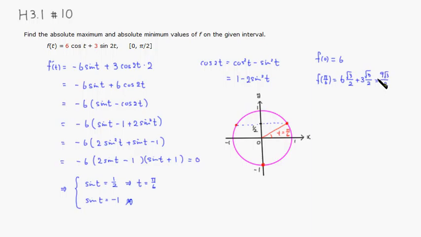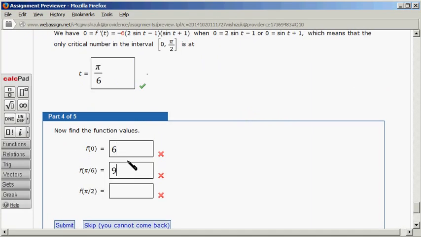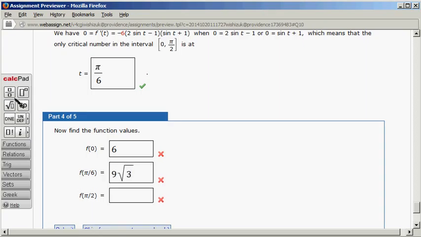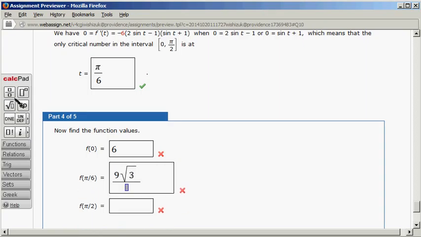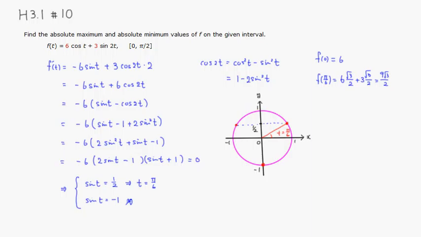Let's type that in: 9 times square root of 3 over 2.